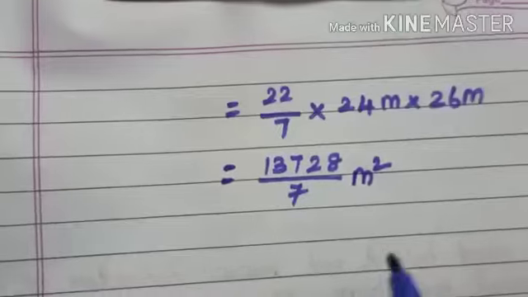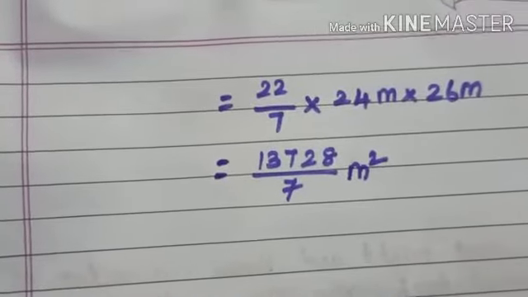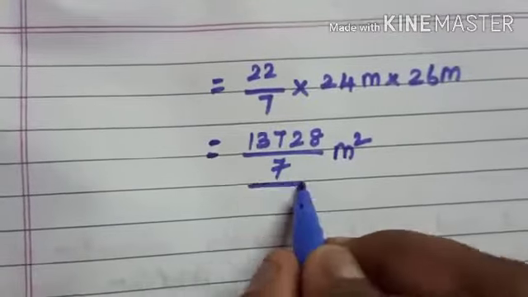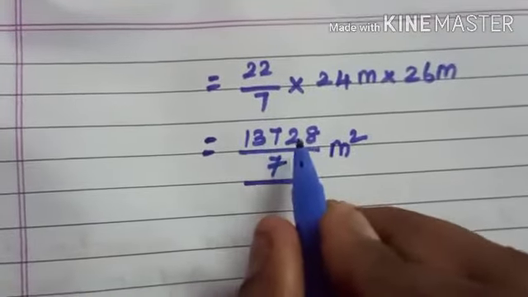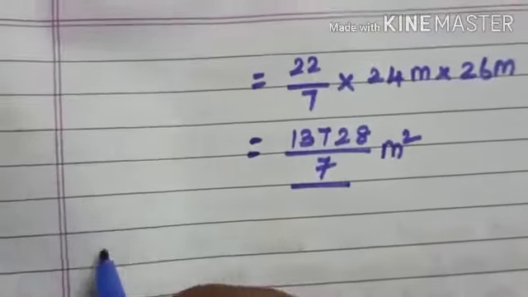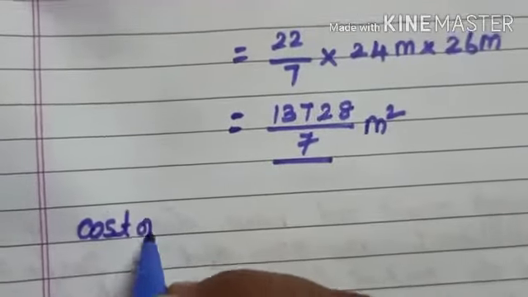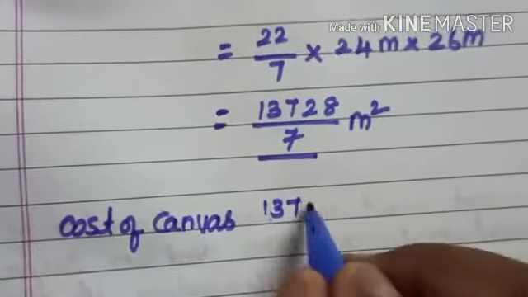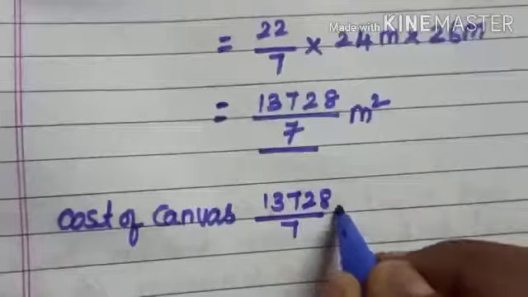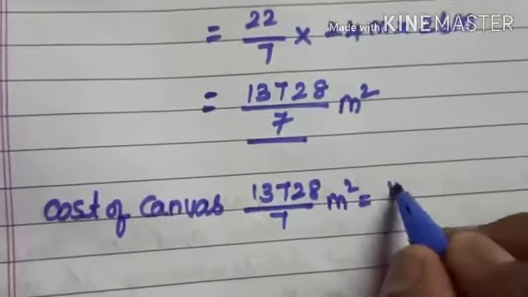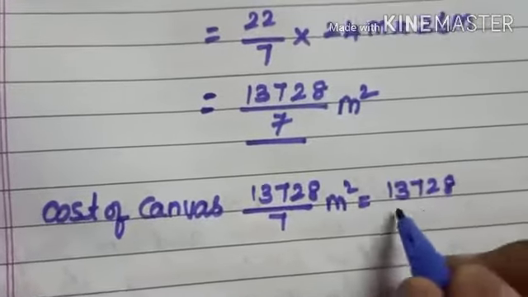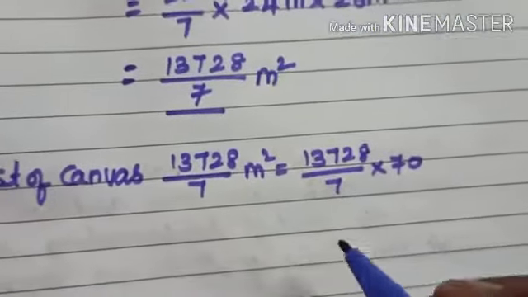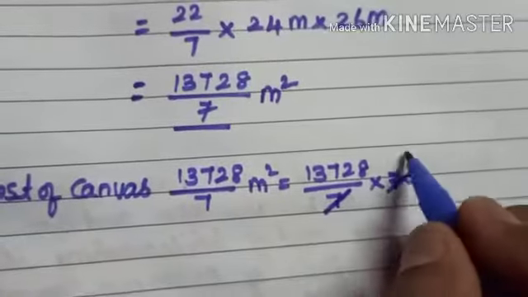So already you know that the cost of canvas per meter square is rupees 70. Here, how much canvas in meter square? It is 13,728 by 7 meter square. So cost of canvas is 13,728 by 7 into 70. Now it is easy to cancel it. 1 7 is 7, 10 7s are 70.